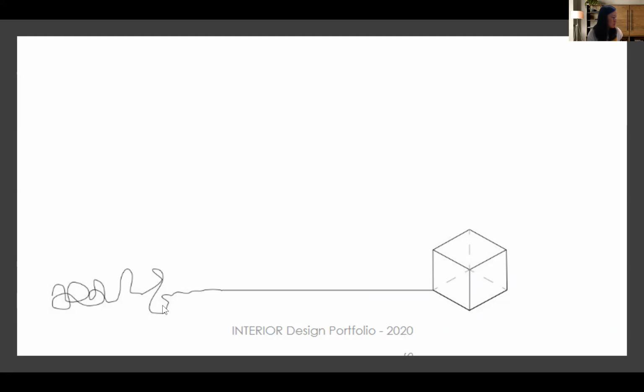Maybe this scribble might be the signature, but I don't think so. The layout, the simplicity and minimalism of this cover is good, but it does not indicate which applicant's portfolio it is. So I think you need to put your name instead of just "interior design portfolio" here.